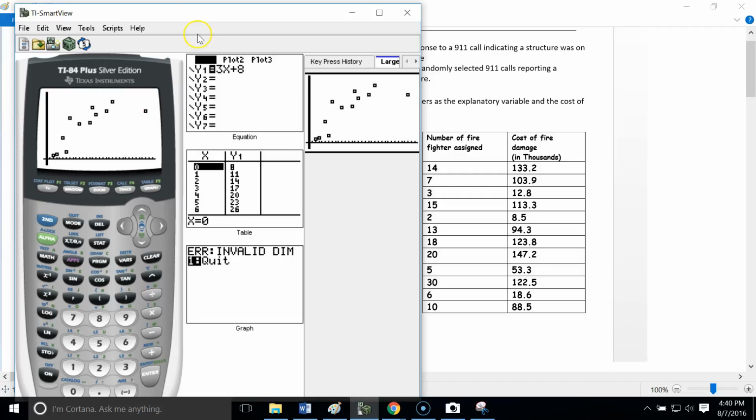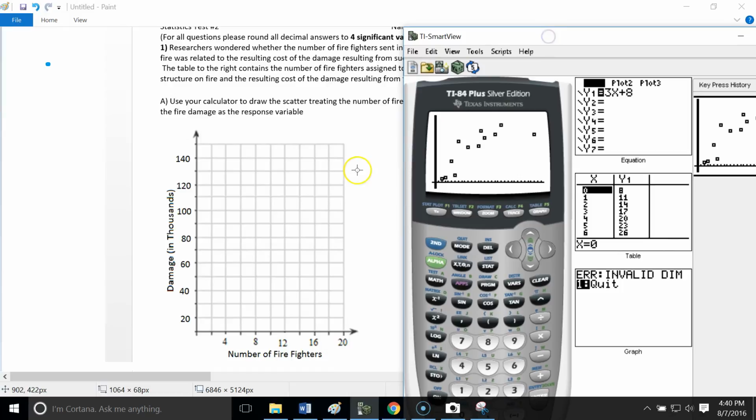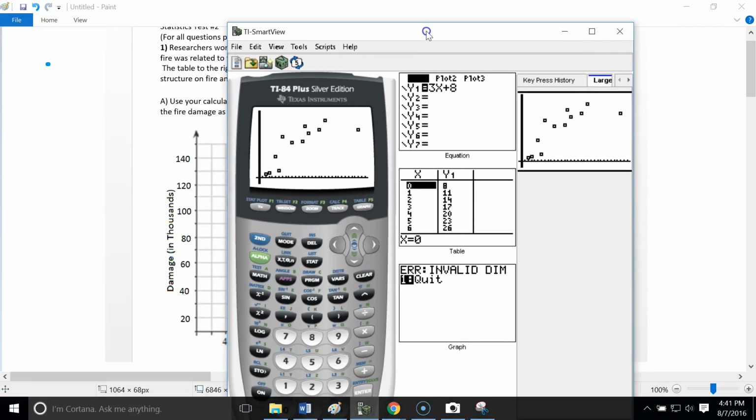I can use this as a guide now, so that when I go over here and try and plot these values, it'll be something that looks similar to that. Keep in mind that I've already placed the horizontal and vertical scale, so that should make it easy to plot these. So we don't really actually need the calculator, but that's just a nice way of verifying it.